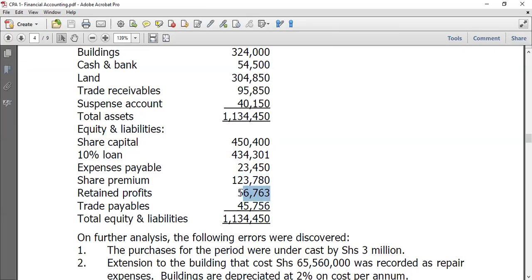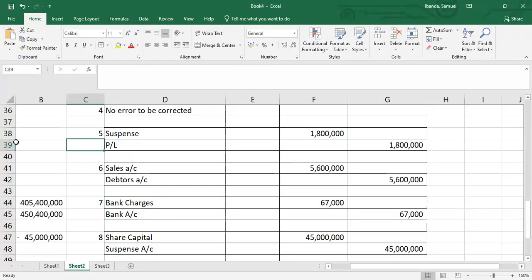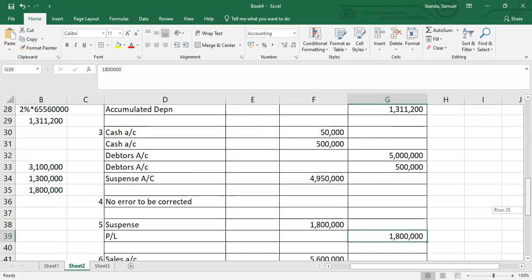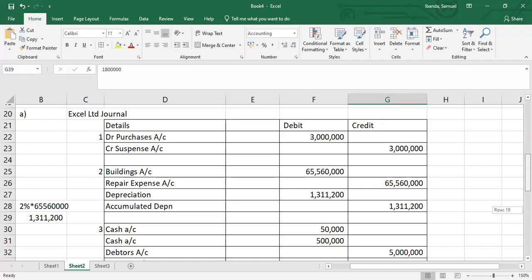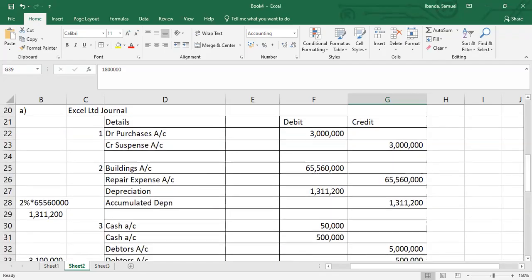Retained profits are definitely affected, okay? Remember what we did when we were trying to affect our P&L? So this will affect your retained profits. Of course, it will be an increment, but also wherever you see anything to do with an expense and an income, it will affect it, okay? Remember, your purchases affect your profits. Repairs also affect your profits.